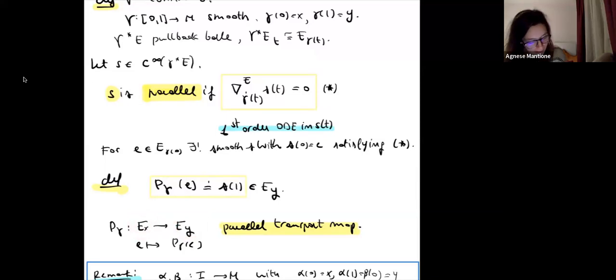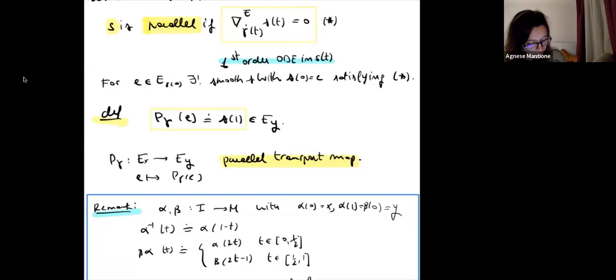In particular, this map would be invertible, because one can interpret the inverse of a curve as the curve traversed in the opposite direction, using this notation. And curves can also be composed.